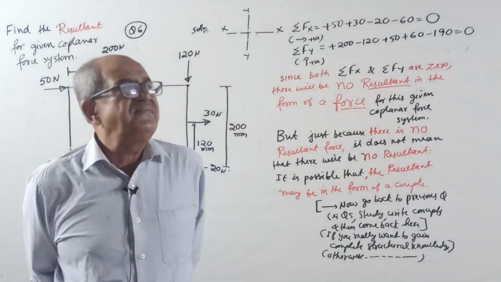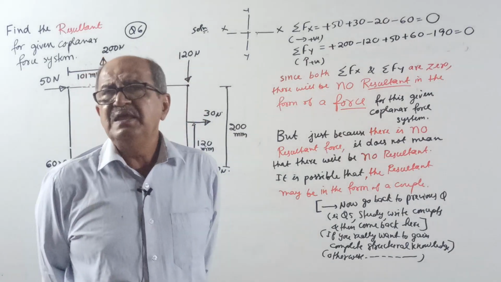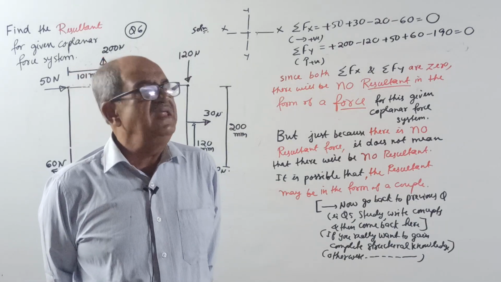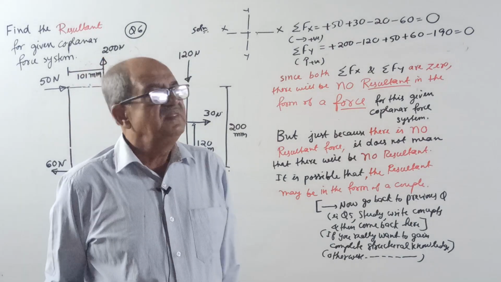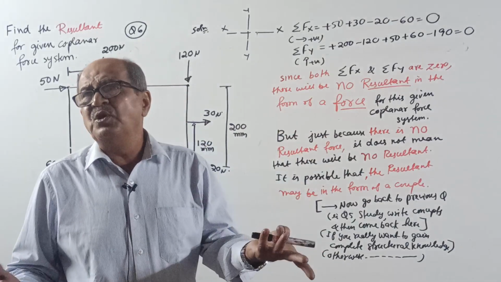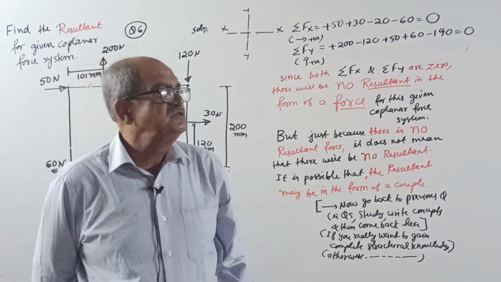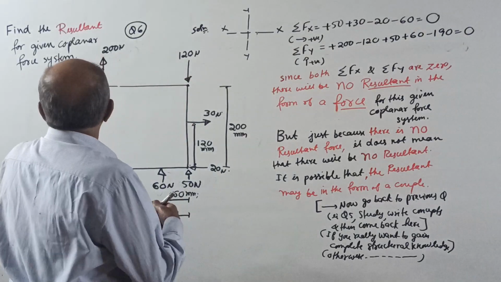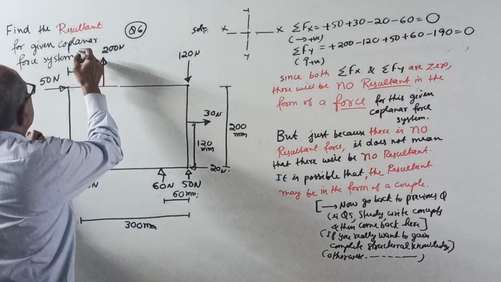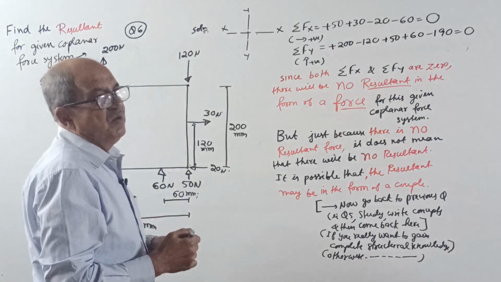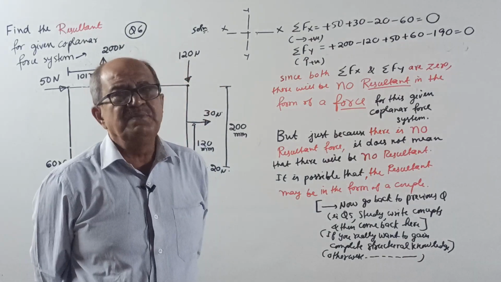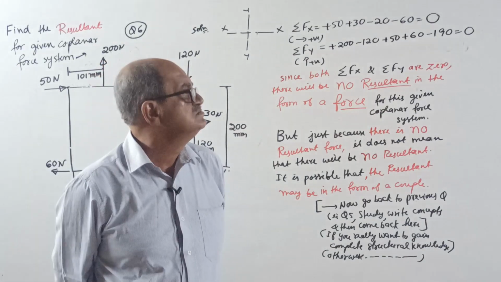If sigma Fx and sigma Fy, both or any one of them, are present, then the resultant force is there. Find the resultant force and locate the line of action. I forgot to write this completely here, so add it completely.